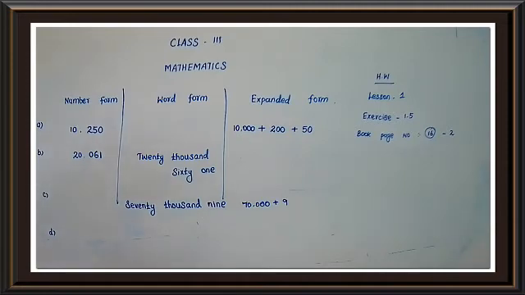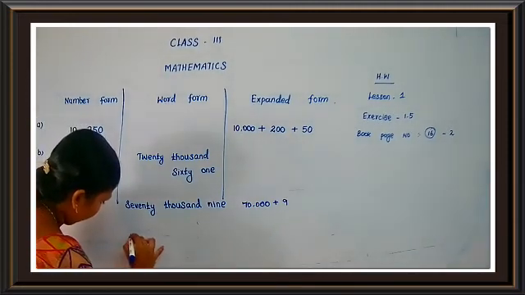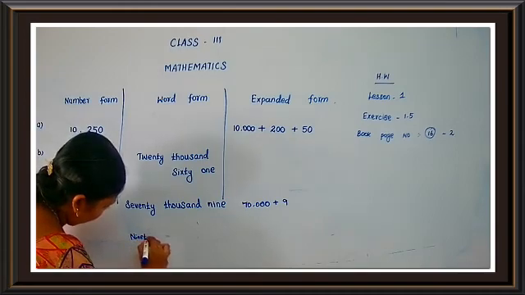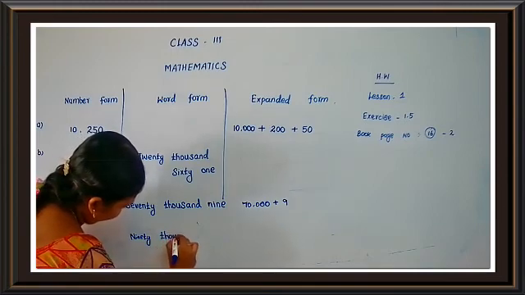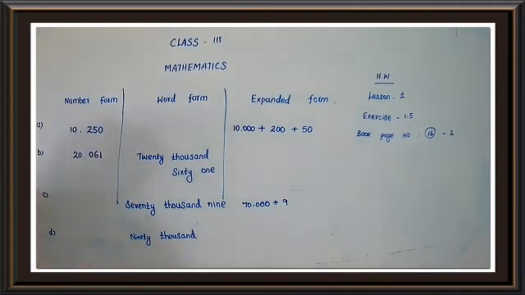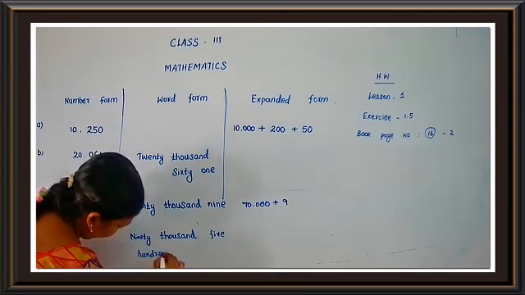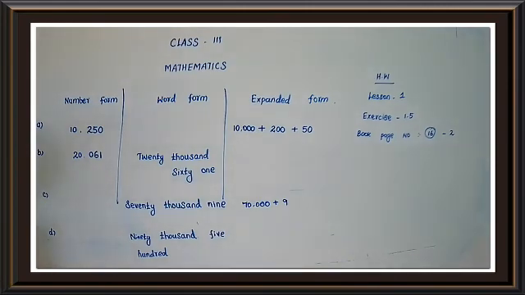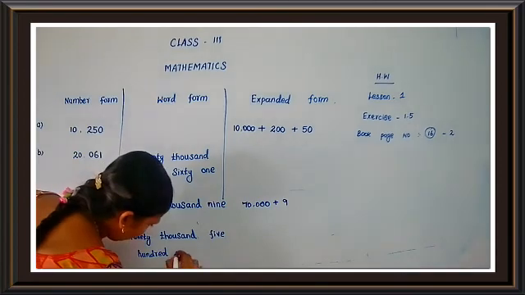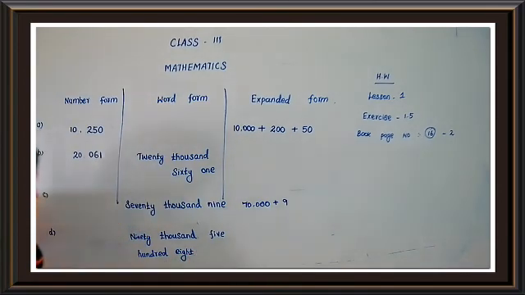See the D question, 90,508. Now we have to write the word form. 90,000, ninety, 90, thousand, 90,000, five, 5, hundred, 100, 90,508, eight, 90,508.